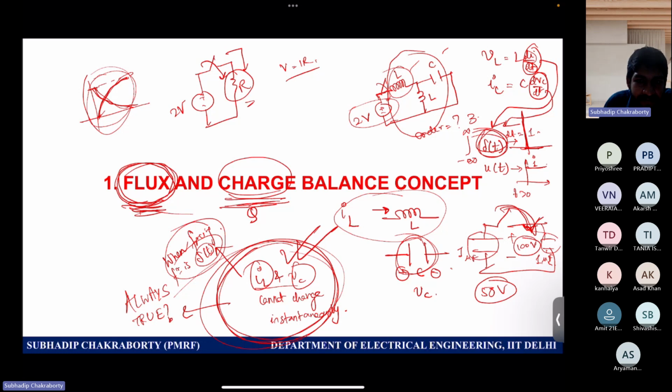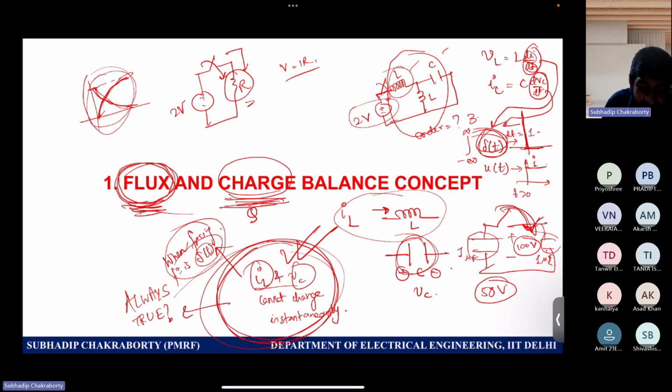Any problem? I have kept problems and a mathematical justification also for the statement I just made. But analytically, have you all understood? Or need some more explanation? All these things come from flux and charge balance. This charge balance will always hold true, and flux also will change slowly, not instantly.